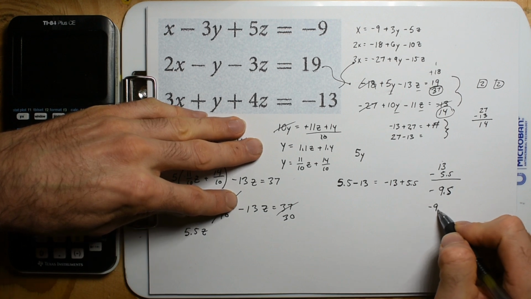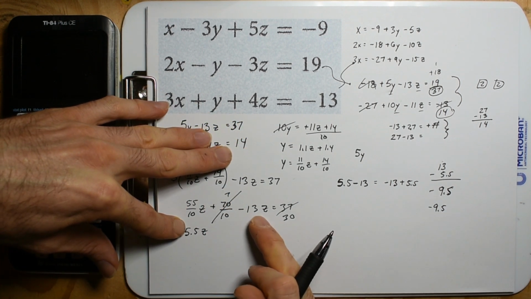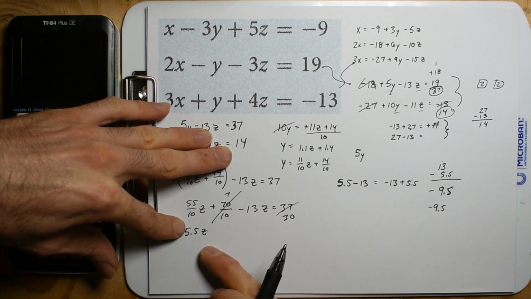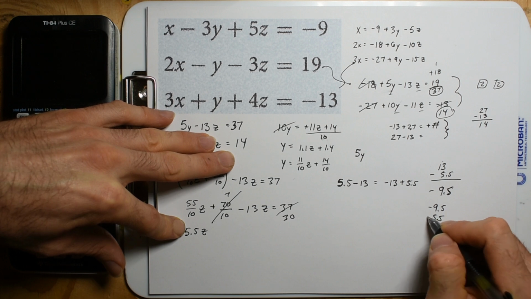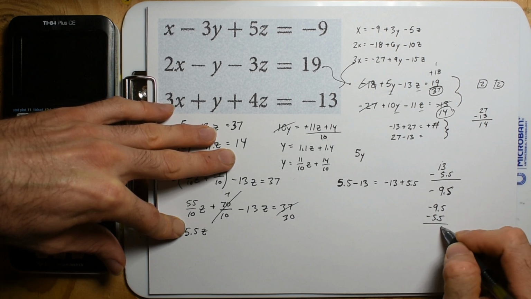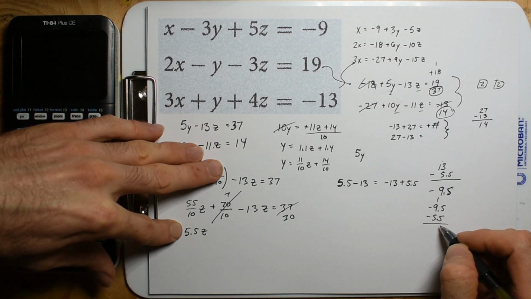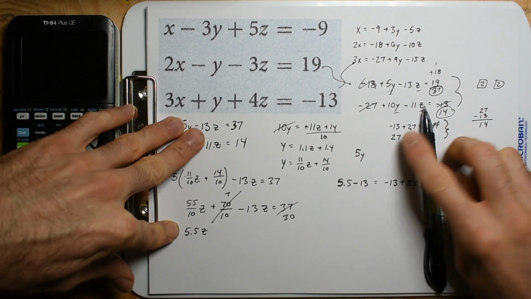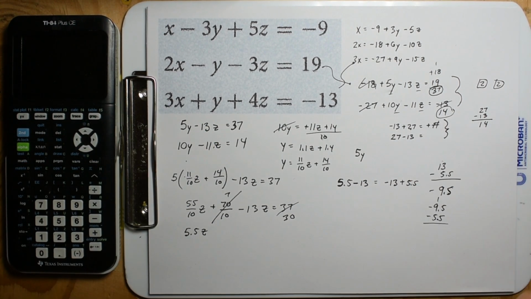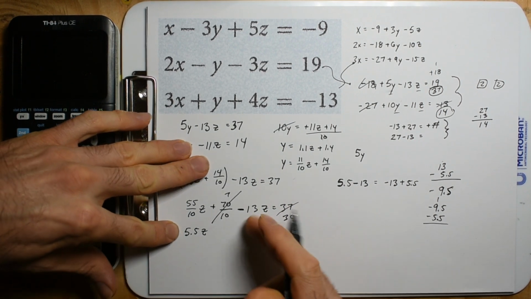So we had 5.5 minus 13, and so we're going to get negative 9.5, and then we're going to subtract another 5.5, and this should be 13. Oh no, what did we do? Holy Toledo. Wait, negative 13 plus 5. Why am I getting tripped up on this? I need to find better methods because this is blowing my mind right now.